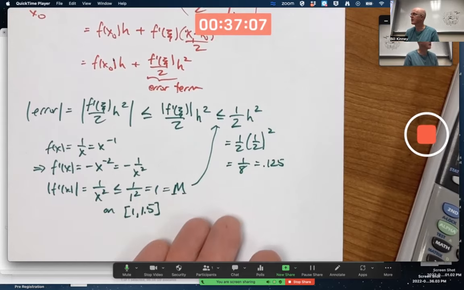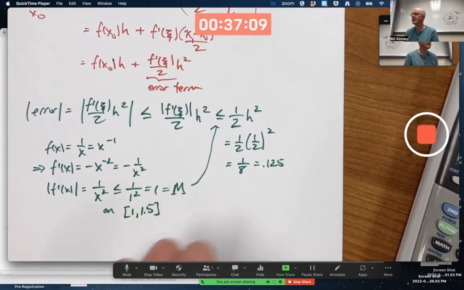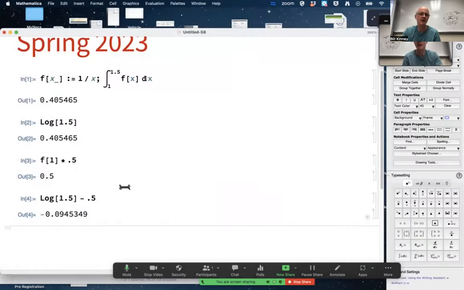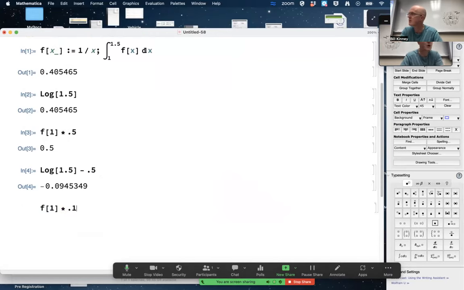This kind of thing is going to work over different intervals too. We did it on the interval from 1 to 1.5. Let's keep the bottom limit of integration 1. If we did it on some other interval, like 1 to 1.1, our left-hand approximation to the integral on the interval from 1 to 1.1, tracking with me here, is going to be f of 1 times 0.1.